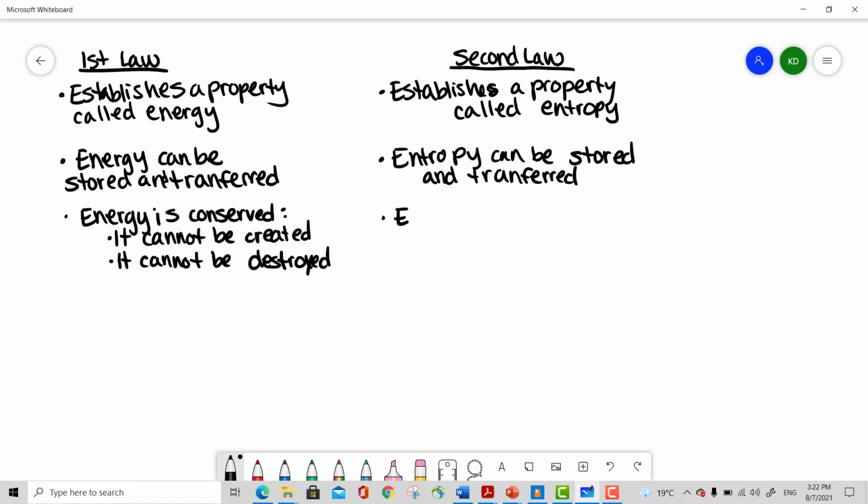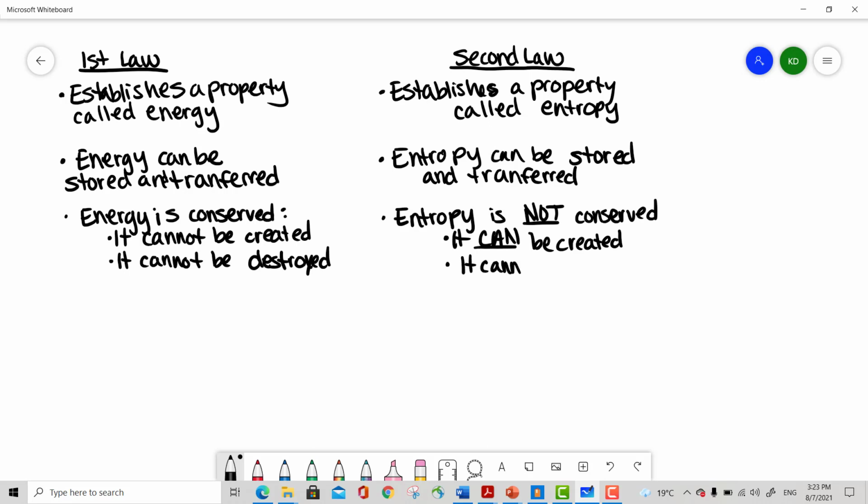But here, entropy is not conserved. It can be created, and in some ways, it's always being created. And it cannot be destroyed.